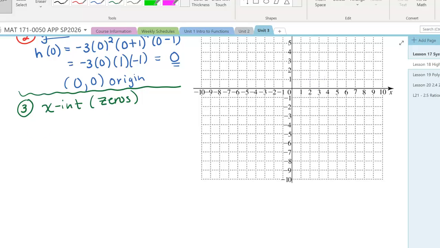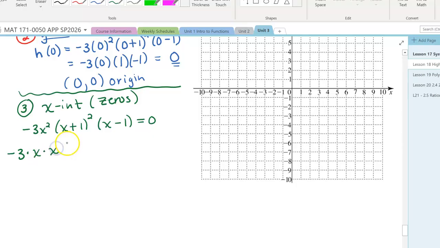All right, so I'm going to take this negative 3x squared times x plus 1 squared times x minus 1, and I'm going to set that equal to 0. So that's going to give me negative 3 times x times x times x plus 1 times x plus 1 times x minus 1 equals 0.